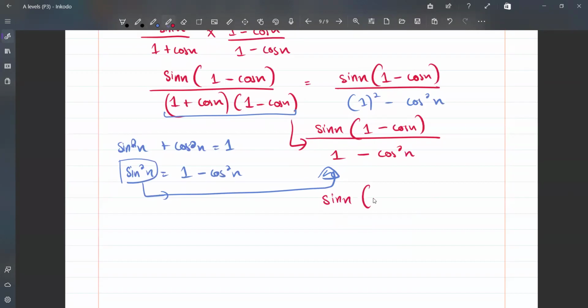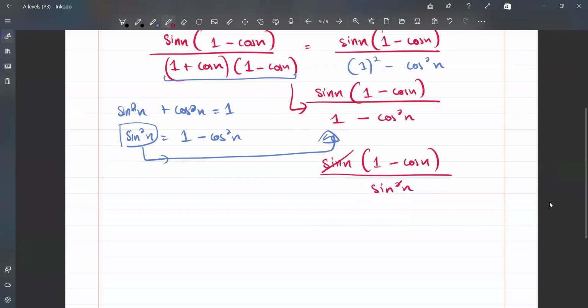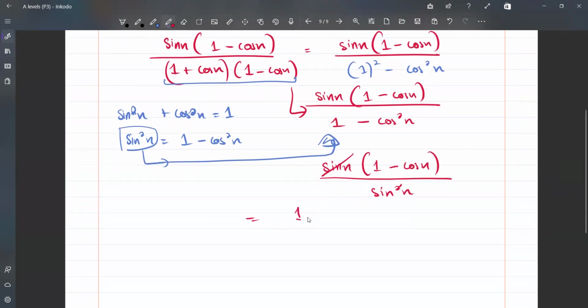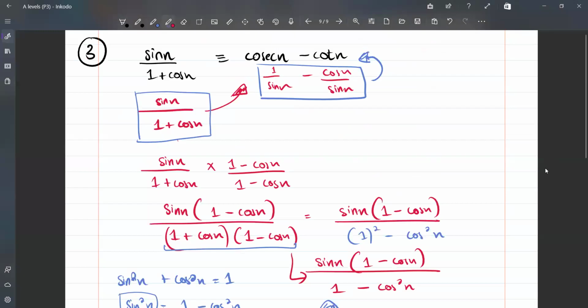Sine x upon 1 minus cos x upon sine square x. All right, this and this cancel out. So we are left with 1 minus cos x upon sine x. And we need to prove this first.